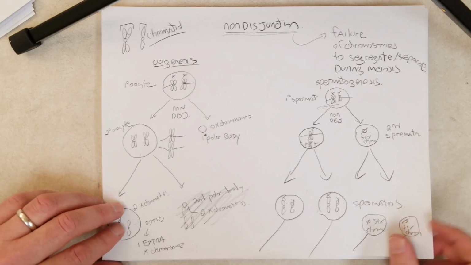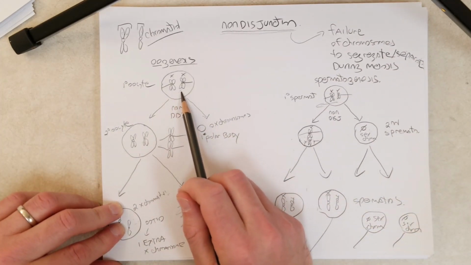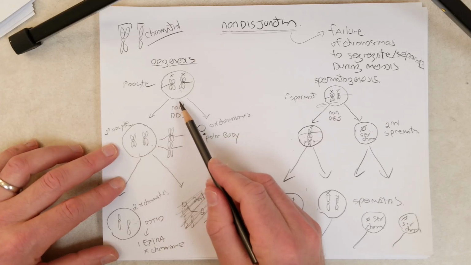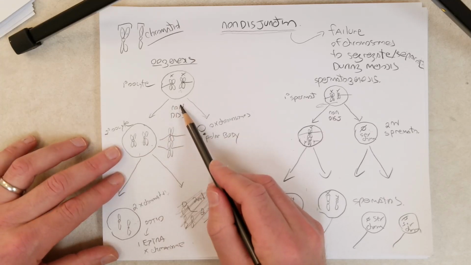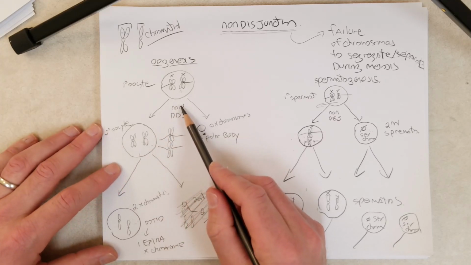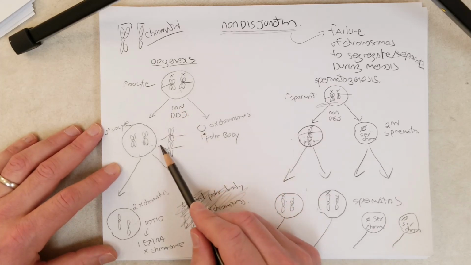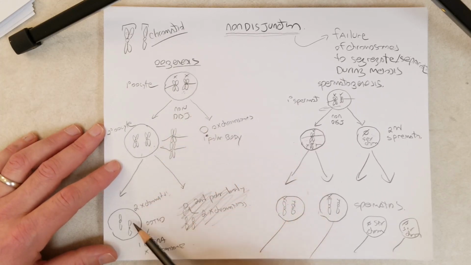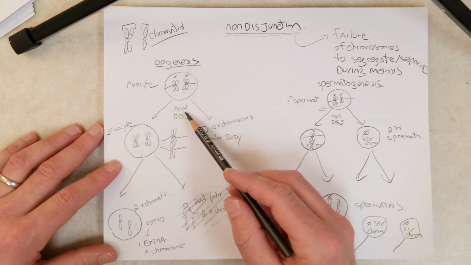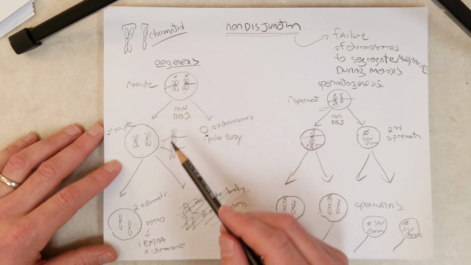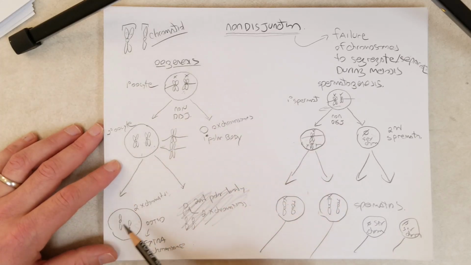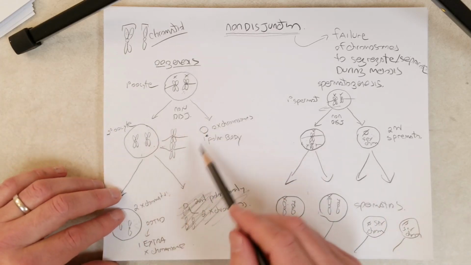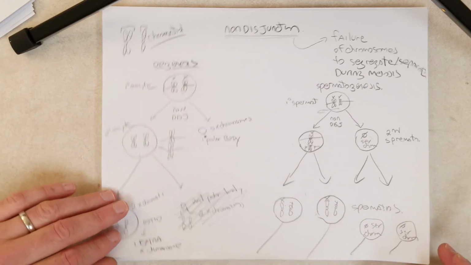Now what's the result of that? And I should say, just because I did non-disjunction up here and normal disjunction up here, you could get normal separation here. You could get non-disjunction occurring at this step and this step. You should do a little mental exercise to figure out how many chromosomes you could get down here. Or you could get normal disjunction here and non-disjunction here. So you can get many different combinations of chromosomes at the end products of meiosis.